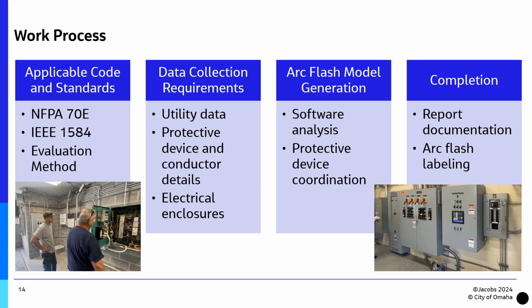The second step was to collect the necessary data, including working with the Omaha Public Power District, or OPPD, which is the electric utility, for transformer, voltage, current, and fault information. The site visits, including obtaining data on breakers, fuses, circuit protectors, disconnect switches, their types, models, manufacturers, trip settings, etc., conductor sizes and lengths, and electrical enclosures.